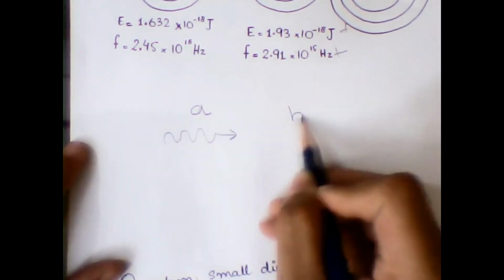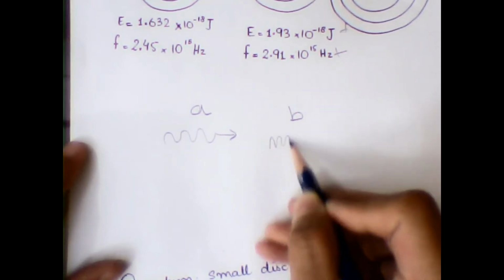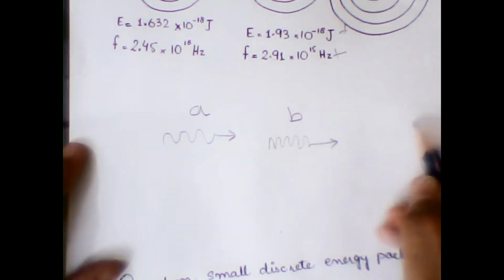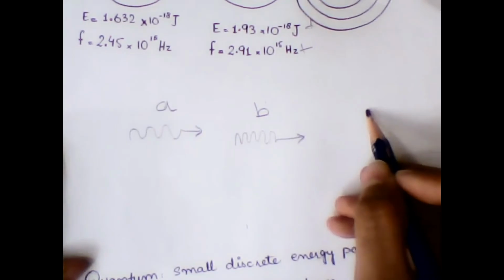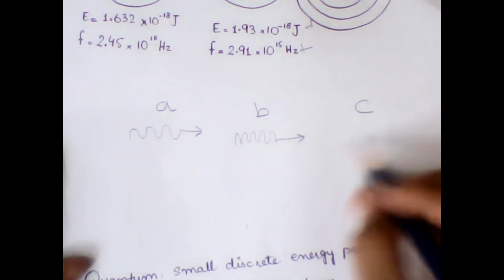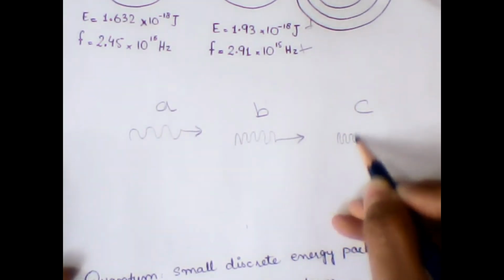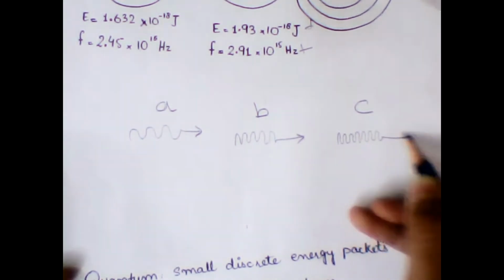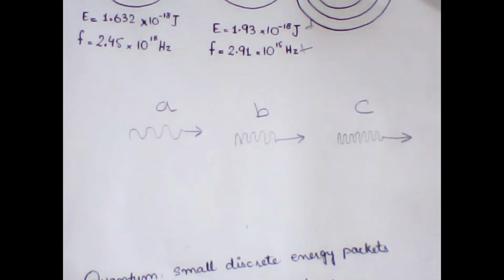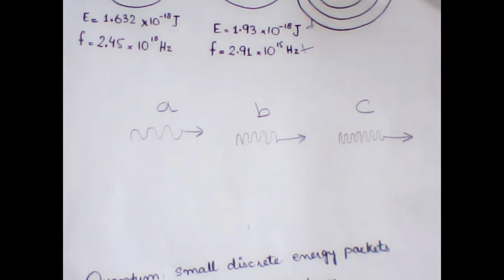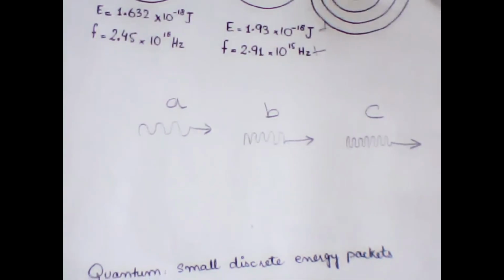This is radiation B of case 2. And this is radiation C of case 3. Remember that they are not continuous waves. They are discontinuous particles which travel in a wave-like pattern.